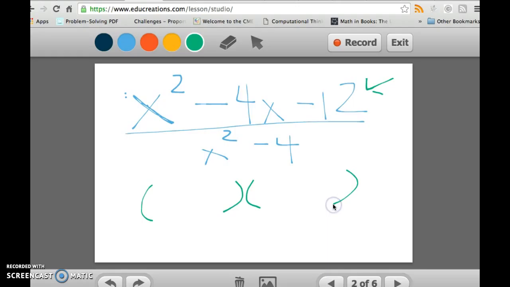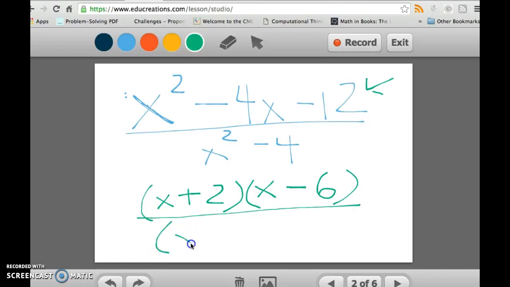Because this is one of these problems, where the two numbers on the right side multiply to negative 12 and add to negative 4, and then when I FOIL it, I get that trinomial up top. So 6 and 2 multiply to 12 and differ by 4. I want it to be negative 4, so I'm going to have the 6 be negative and the 2 be positive. And then on the bottom, I have a difference of squares.